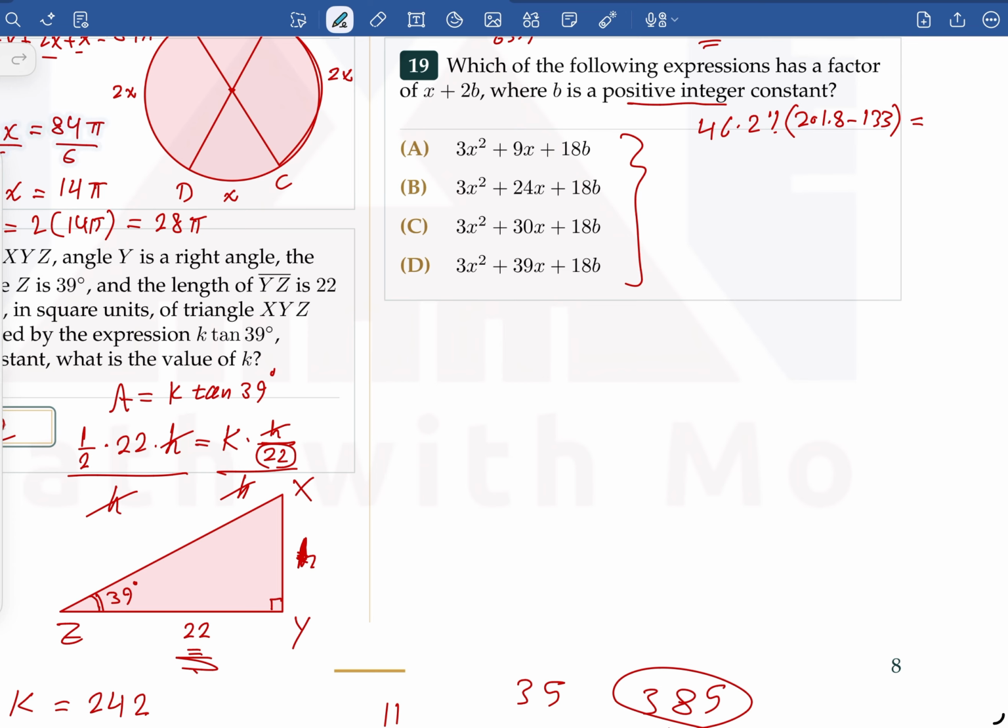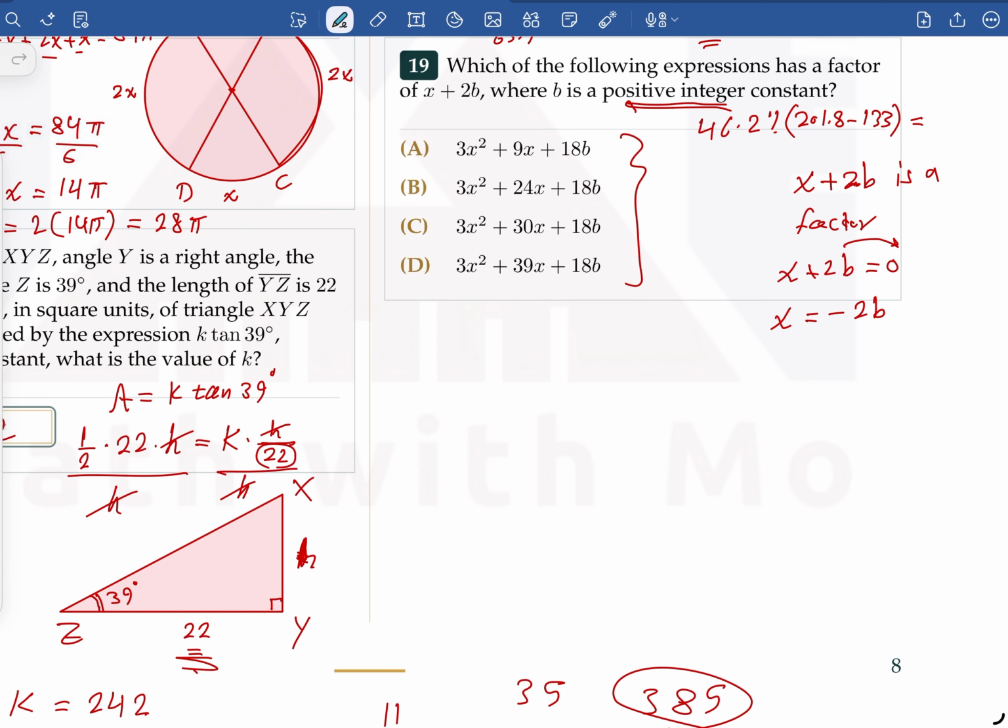Guys, remember that when I say a factor, this means when you set x plus 2b equal to 0, you can move the 2b to the other side to be x equals negative 2b. And then when you substitute in any of these equations, you need to replace x by negative 2b.